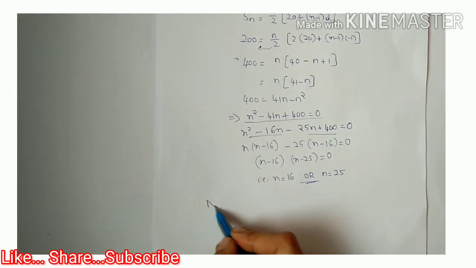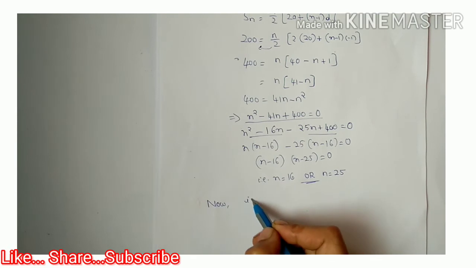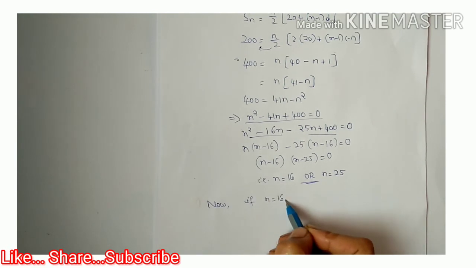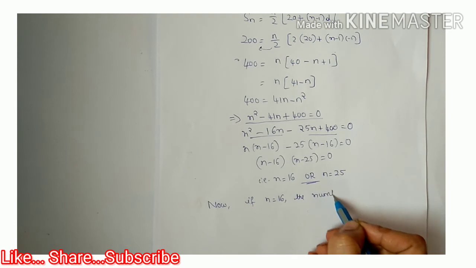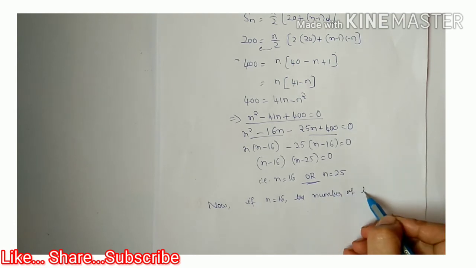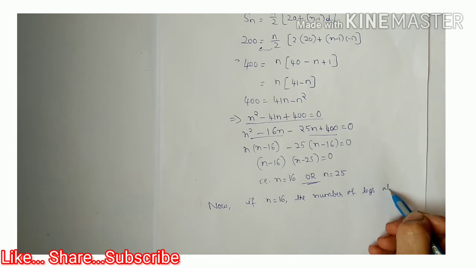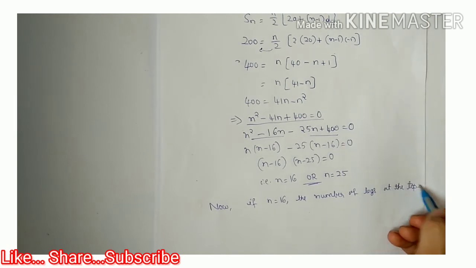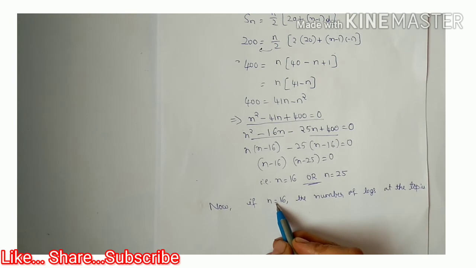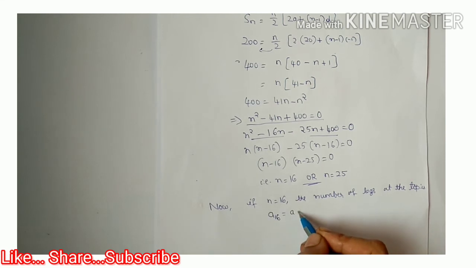Now if n is equal to 16, the number of logs at the top is a16, which is a plus 16 minus 1 into d, that is a plus 15d.